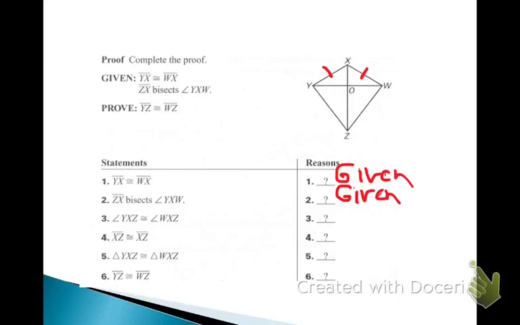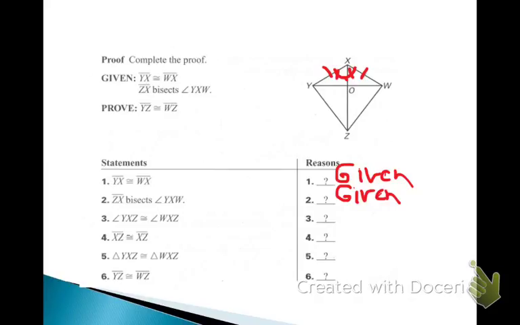Then step 3 says angle YXZ is congruent to angle WXZ. How do we know that? Seth, you know? Anybody? Aaron? Right.